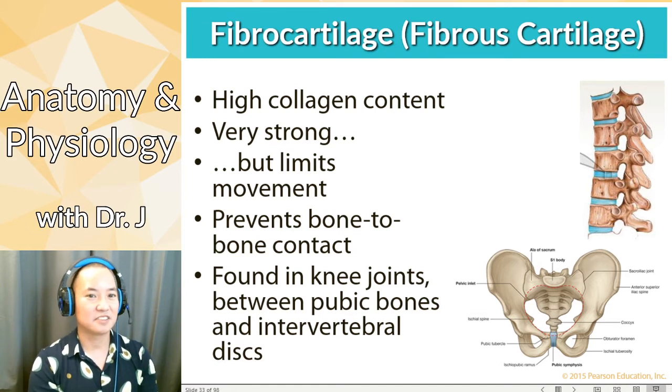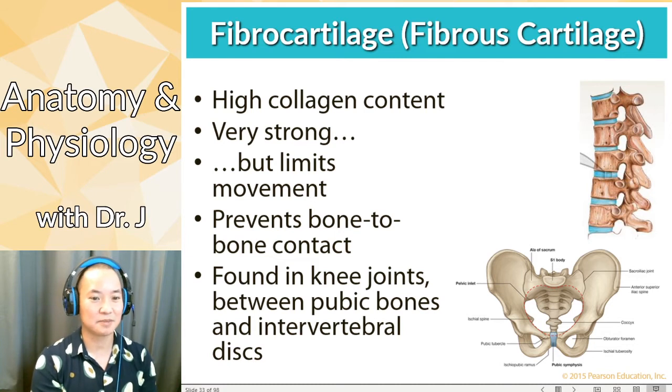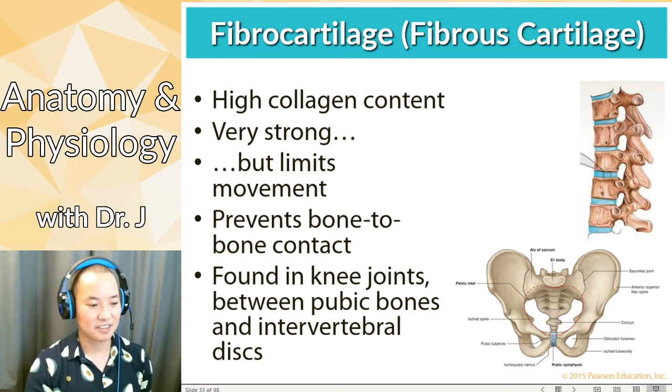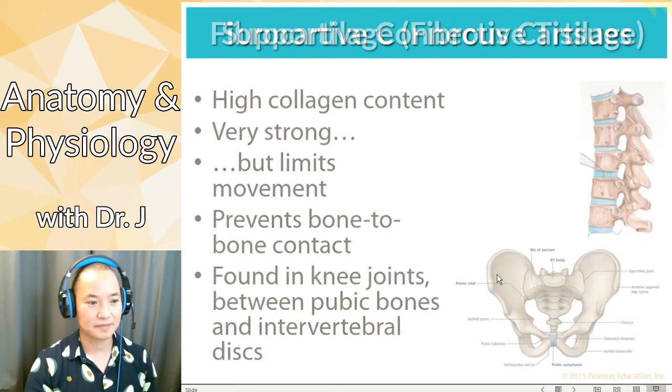Your knees deal with a lot, especially from walking or jogging or running or playing sports. You also have fibrocartilage that helps do some shock absorption, and that's also between the pubic bones and, again, the discs in your spinal column.